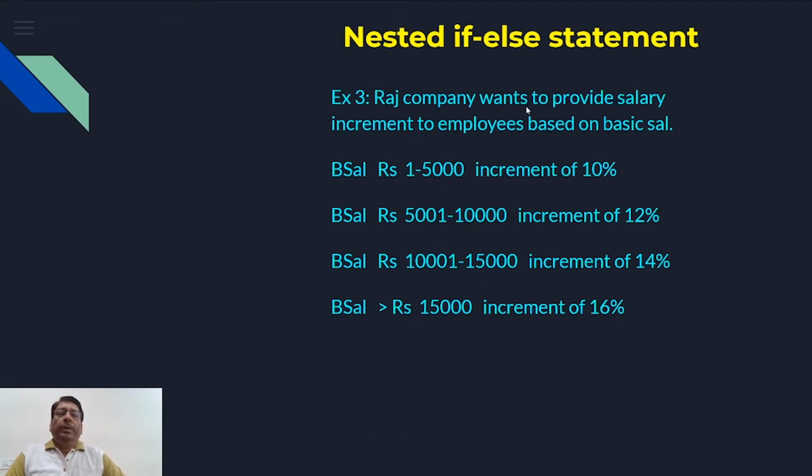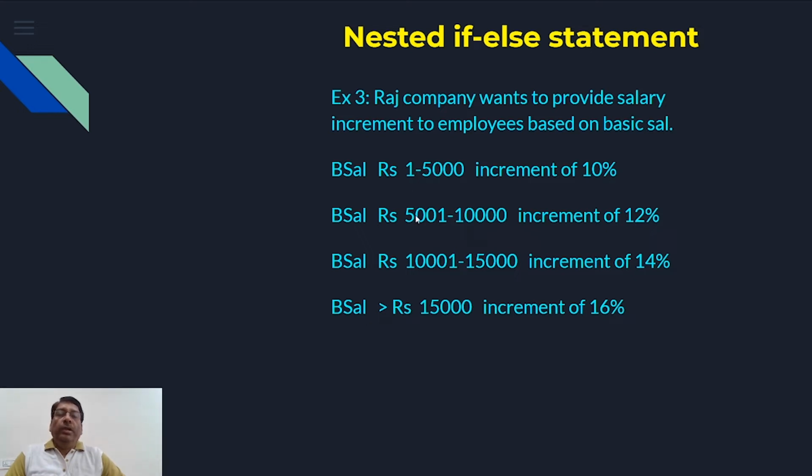So Raj company wants to provide a salary increment to the employees based on the basic salary. The employees are going to get some increment over here, but the condition for that is on the basis of the basic salary which an employee gets. So here goes the problem statement. If your basic salary happens to be between 1 to 5,000, your increment is going to be 10% of the basic salary.